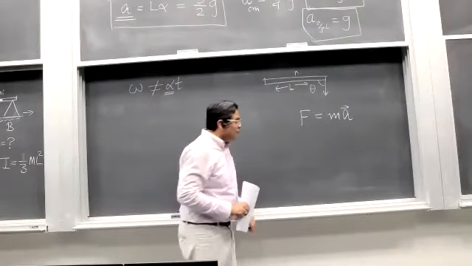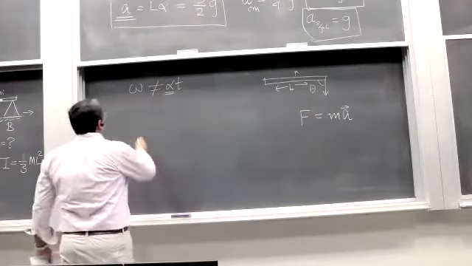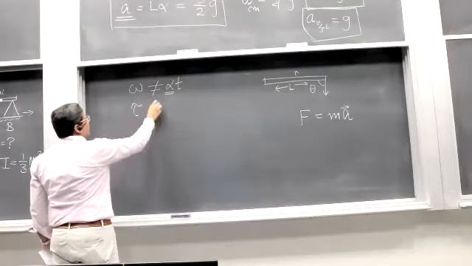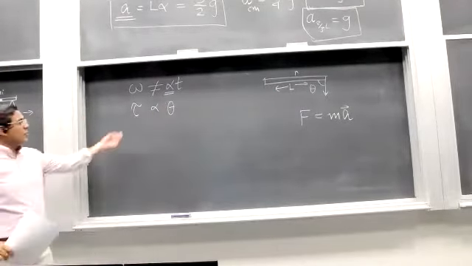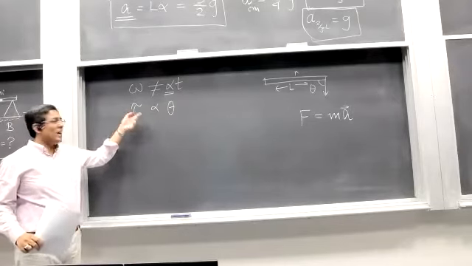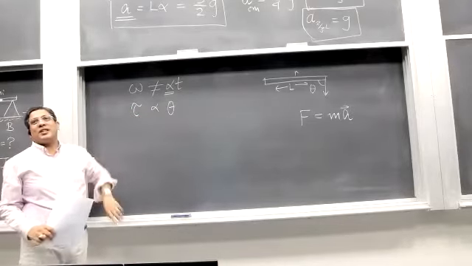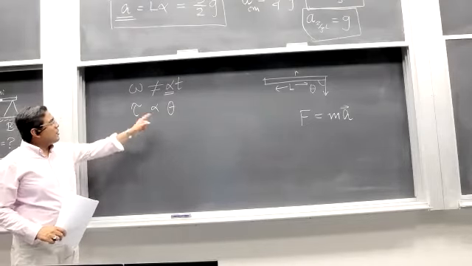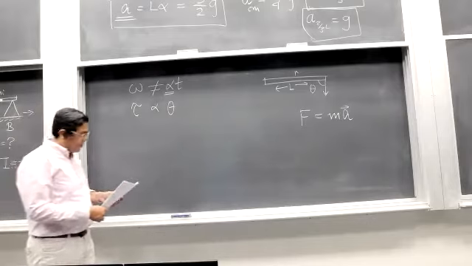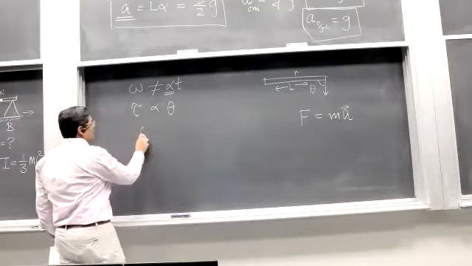Whenever the torque depends on position, and in rotational kinematics or dynamics theta is our representation of position, the equivalent of R, so tau depends on theta, then we cannot solve this equation.